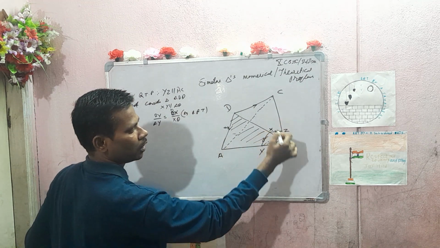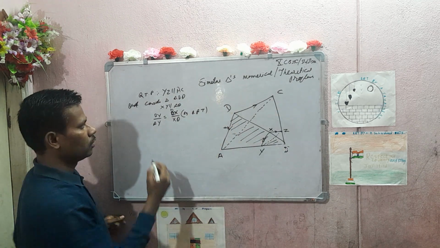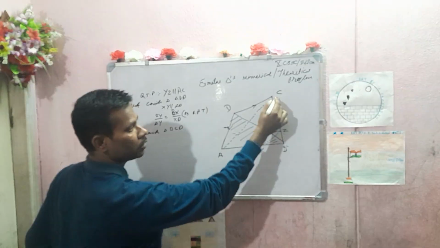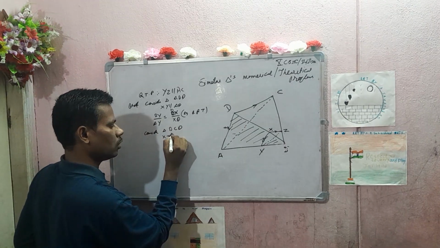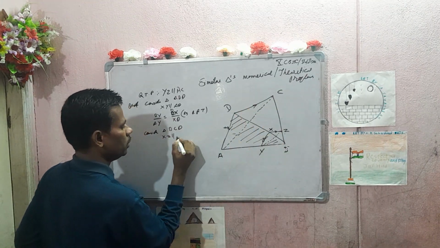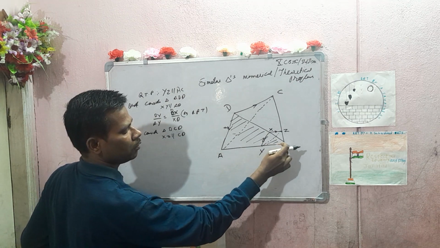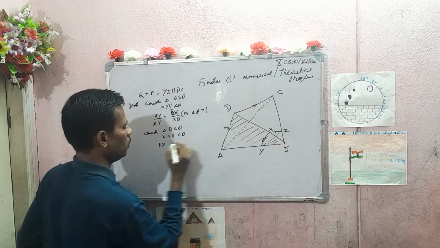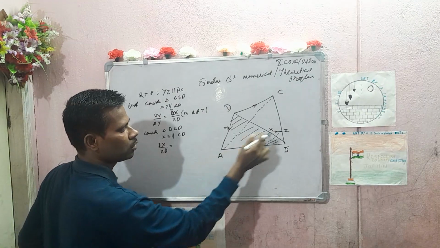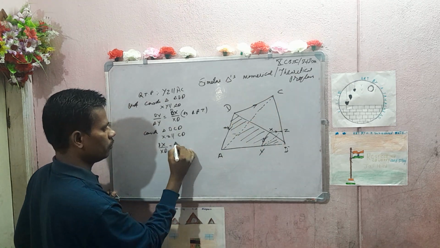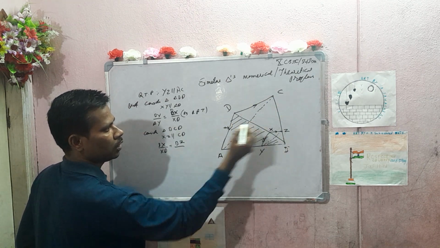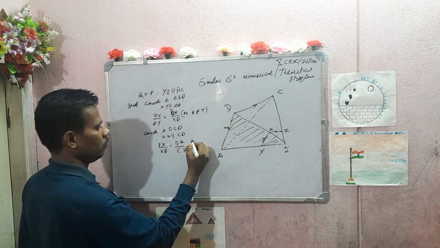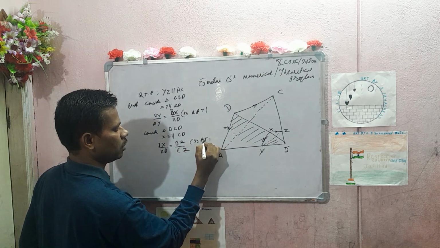Next, consider this triangle BCD. XZ is parallel to CD. Next, what do you say? BX by XD. Since this is parallel to this, you can write BX by XD is equal to BZ by ZC, by BPT.